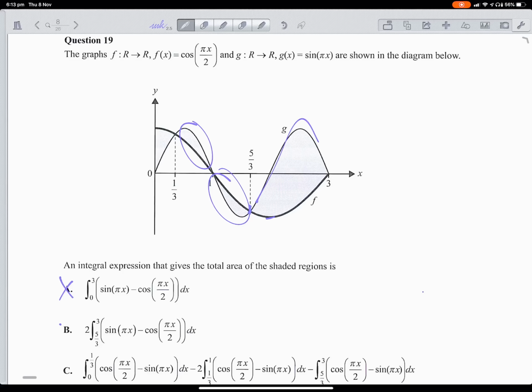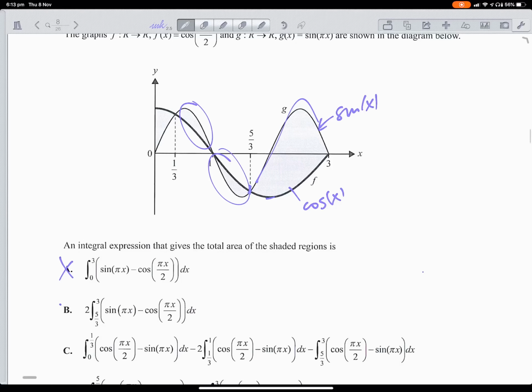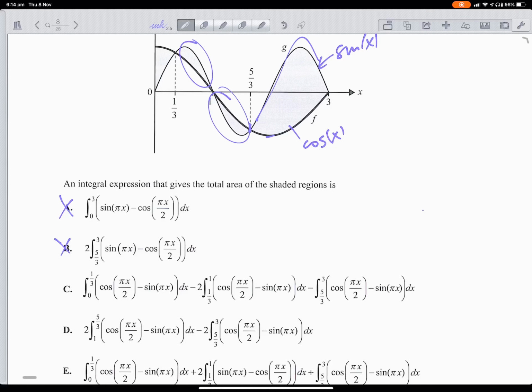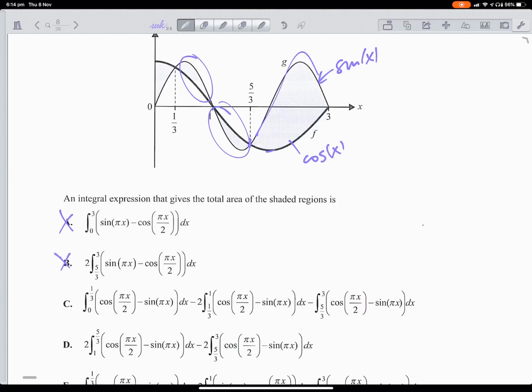Okay, so that's sine, and that's cos. I don't care that they're not x. Sine x, okay, it's not going to be that either. 0 to 1/3 of cos, yeah, that's higher, so that's right.